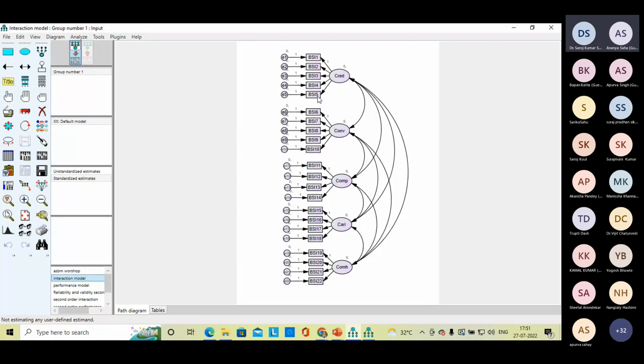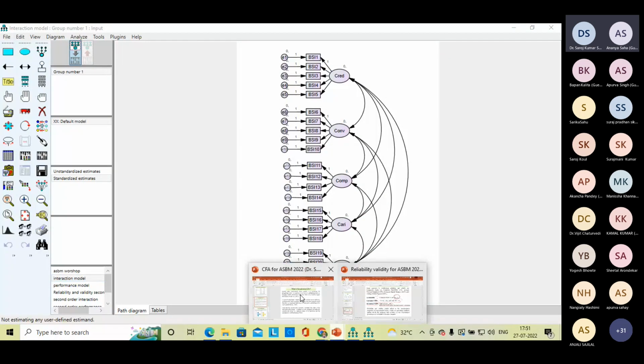Without writing credibility, simply I have written F1. So what he initially judged was the effectiveness of buyer-seller interaction. He initially judged effectiveness of buyer-seller interaction by 5 constructs.